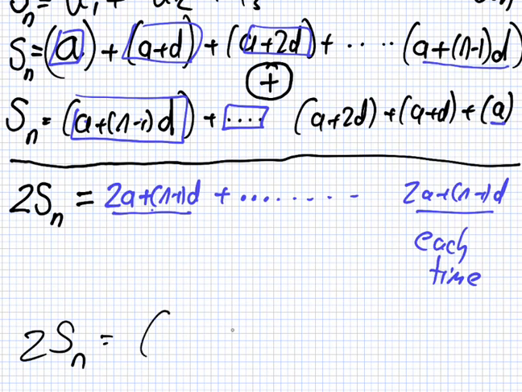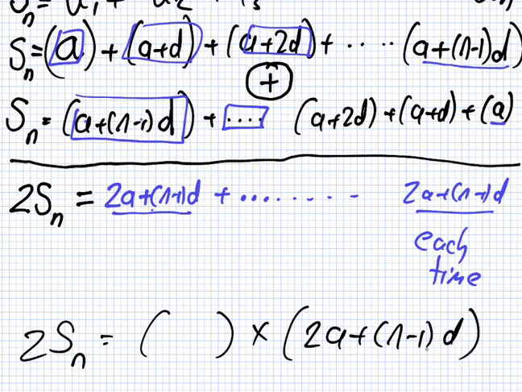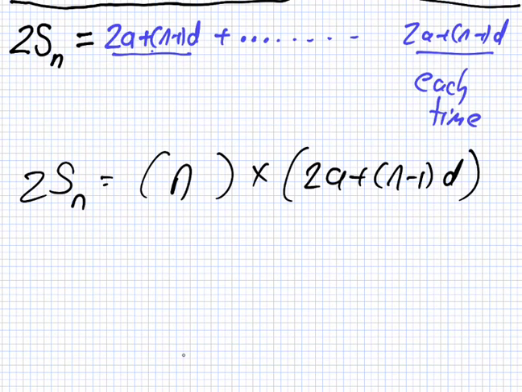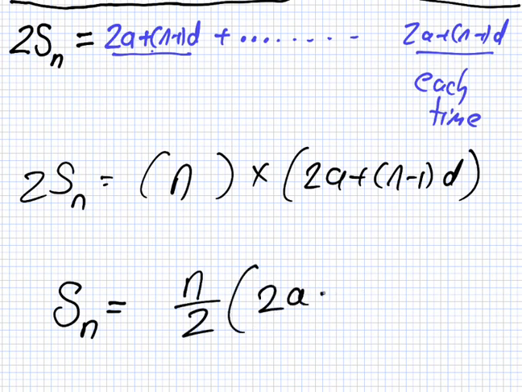I have something multiplied by 2A plus n minus 1D. What number goes here? How many of these do I have? N. Very good. I have n of them. So now you can say Sn equals n over 2, 2A plus n minus 1D.